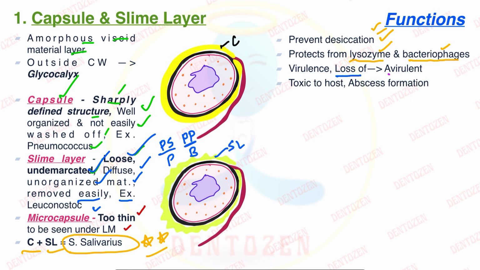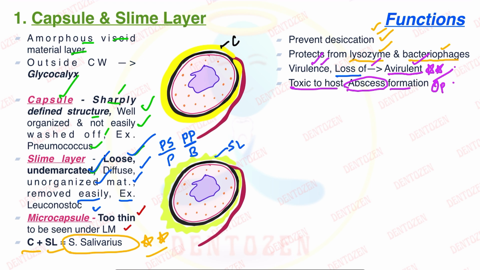Yes, that can be your important entrance question where you may be asked, loss of capsule will lead to what? And you have to look for the option where the answer is loss of virulence. So loss of capsule makes bacteria avirulent. So this capsule is toxic to the host and it can cause abscess formation, pus formation. So those are the functions, and that is why bacteria have these capsules.